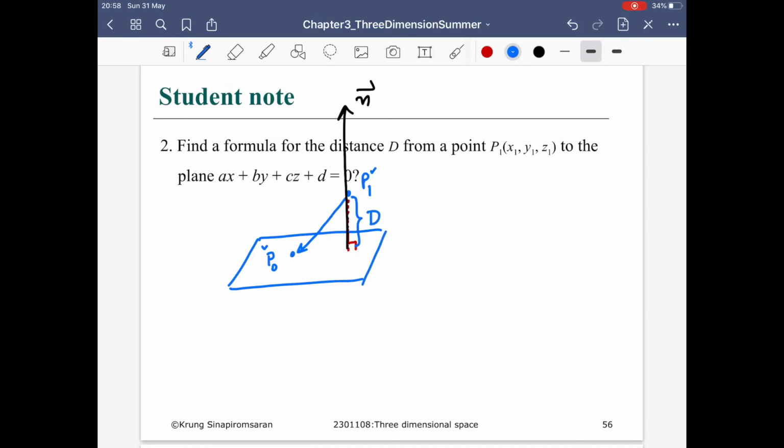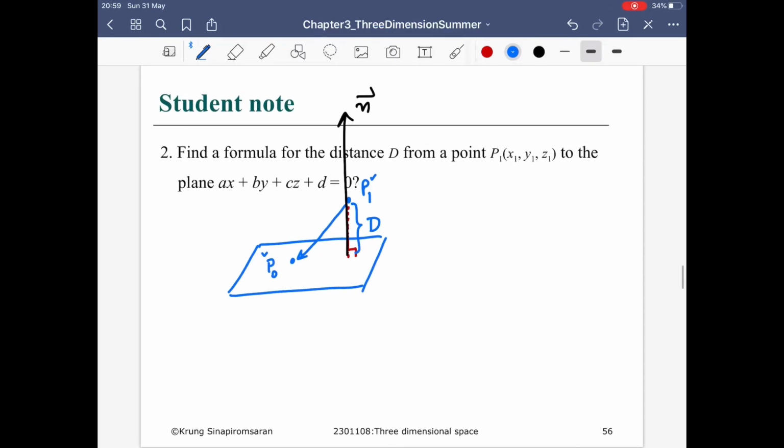So the distance d, from the previous clip, looking at the projection of the vector b onto the vector a. Actually you have two formulas, right?